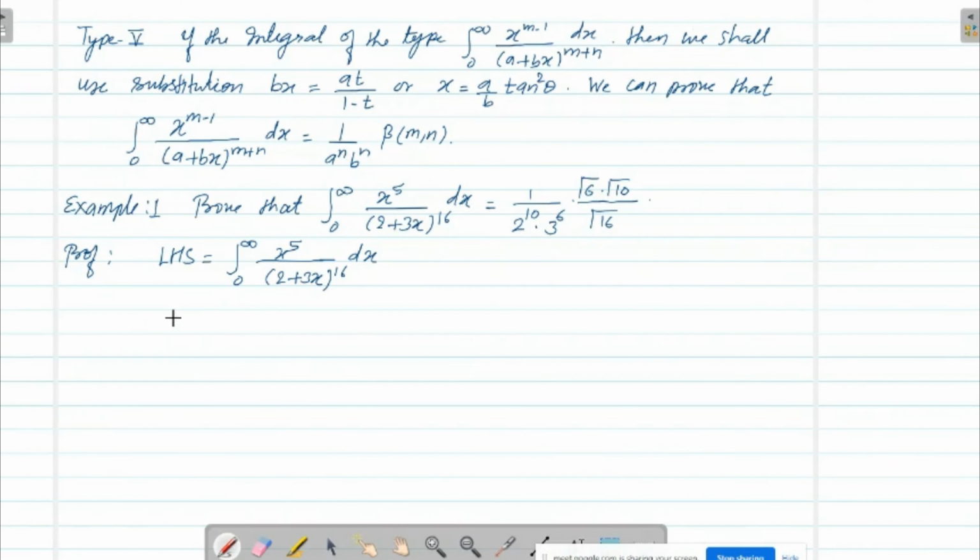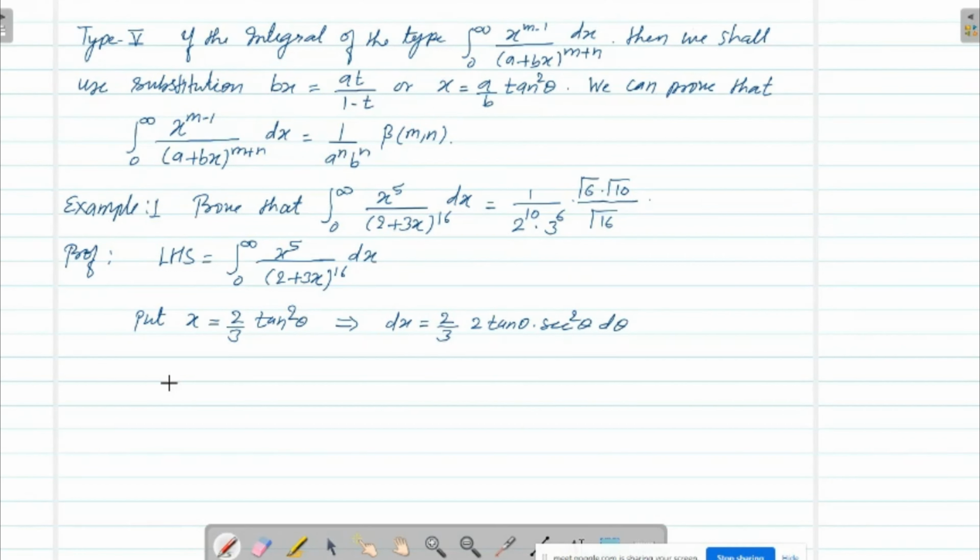So let us see. Put x equal to a by b. Here a is 2 and b is 3. So we are putting 2 by 3 tan square theta. Now just differentiate this. So dx equal to 2 by 3 into the derivative of tan square, which is 2 tan theta into sec square theta d theta.